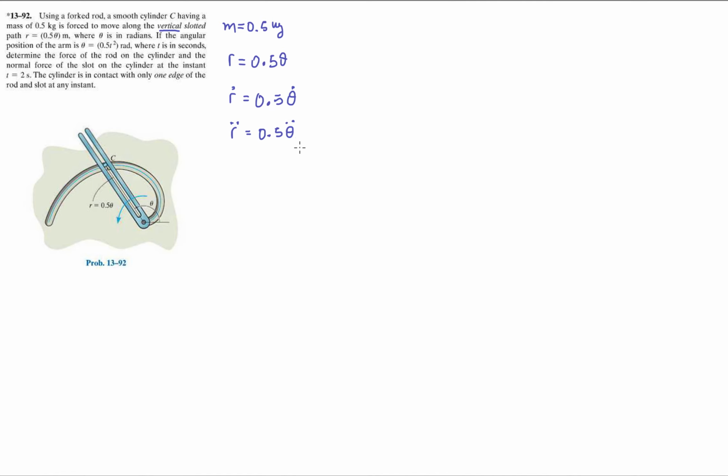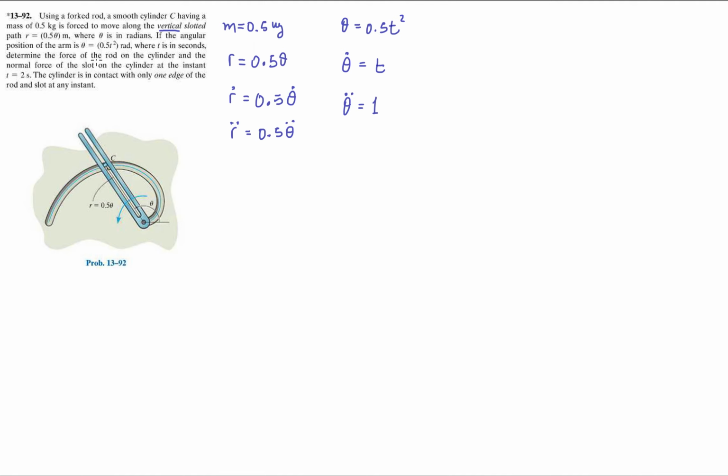Okay, and then the angular position of the arm is theta, and they give us theta in terms of time. So when we take a time derivative, we actually don't have to do the chain rule. We can just do the first time derivative of this equation, bring the 2 down, we have t for theta dot, and then theta double dot is just 1, where t is in seconds.